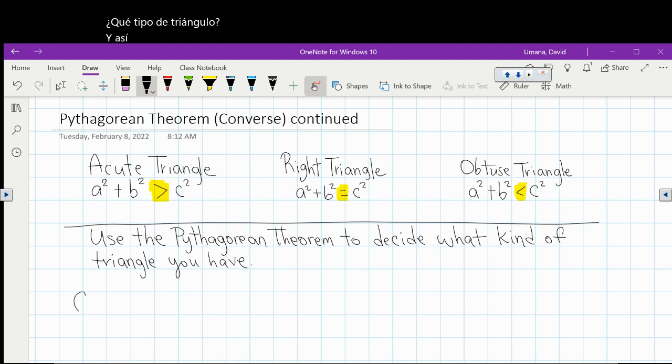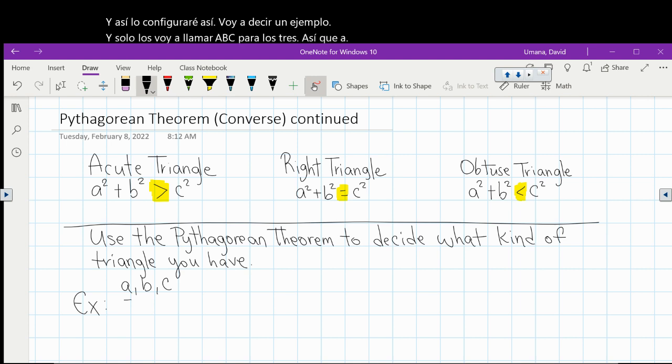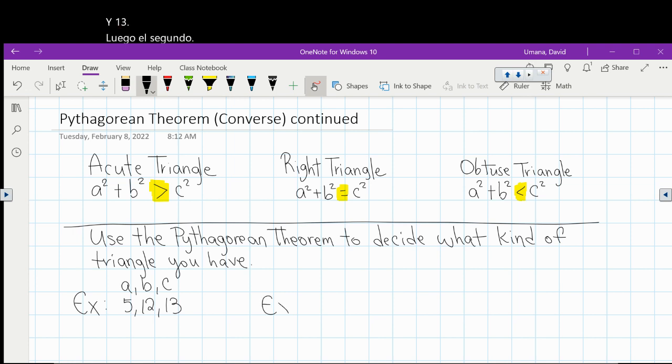I'll say example, and I'm just going to call them ABC for all three. So A, B, C. And I'll say that this is 5, 12, and 13. Then the second one, I'm going to say ABC as well, which is the same formula.